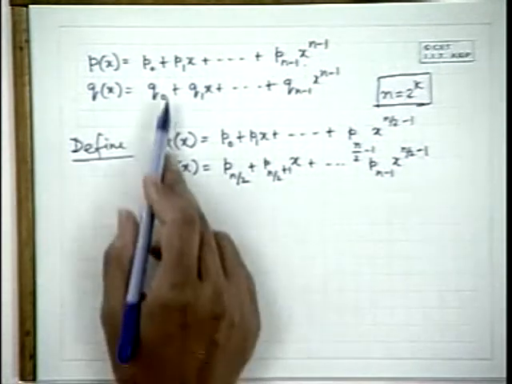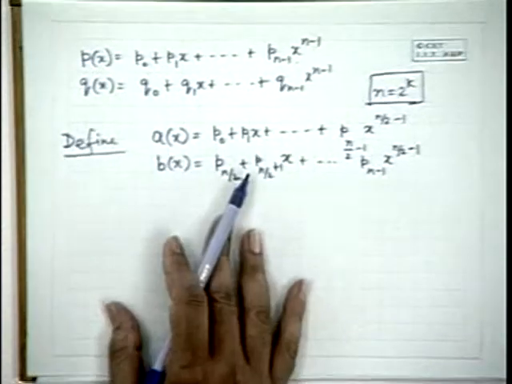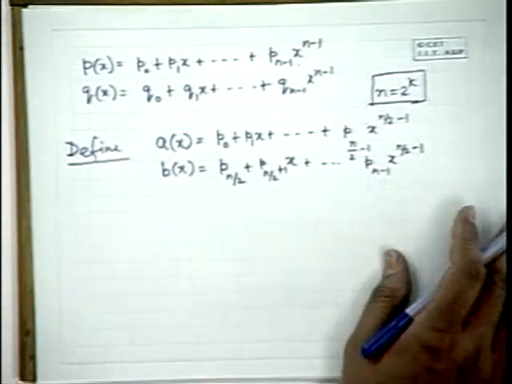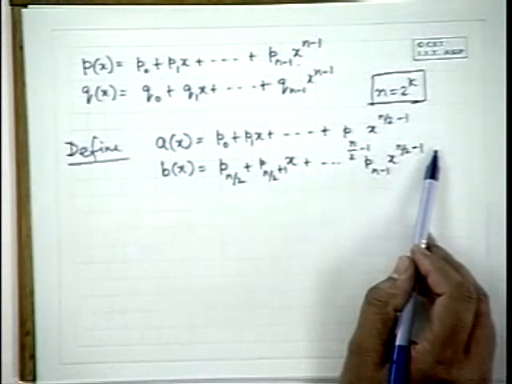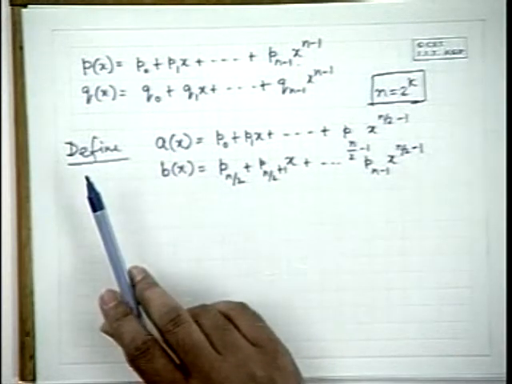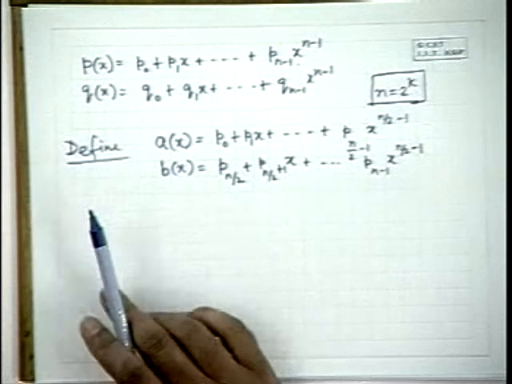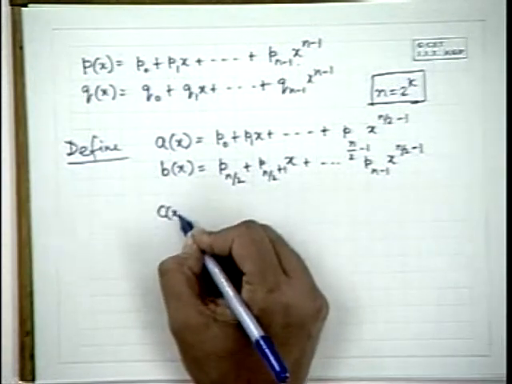Okay. So I have just split this problem. If you add ax plus bx, you don't actually get px. No, because you should also look at the power of x. If you multiply bx with x to the n over 2, then only if you add with ax, you will get px. You should observe that. Okay. So similarly, what do we do for qx? We split into two parts.